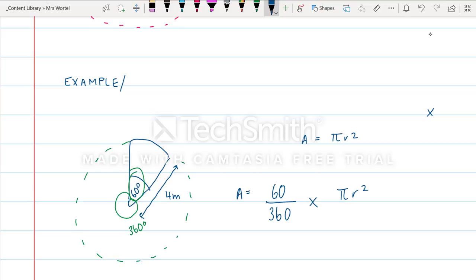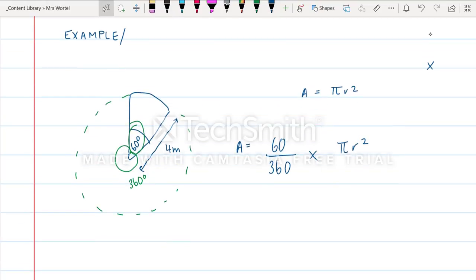We have the fraction of the whole circle multiplied by pi r squared, and in this case, 60 over 360, times pi 4 squared, so my radius is 4. So just to reiterate, we have a fraction being multiplied by our whole area.